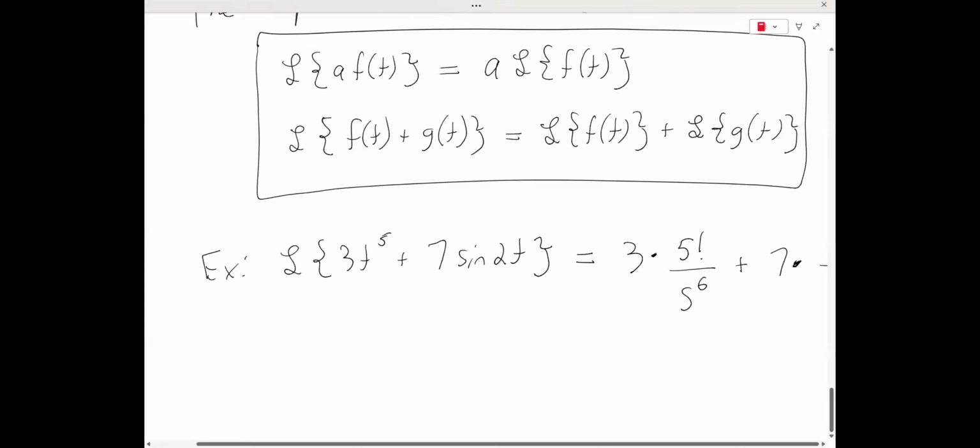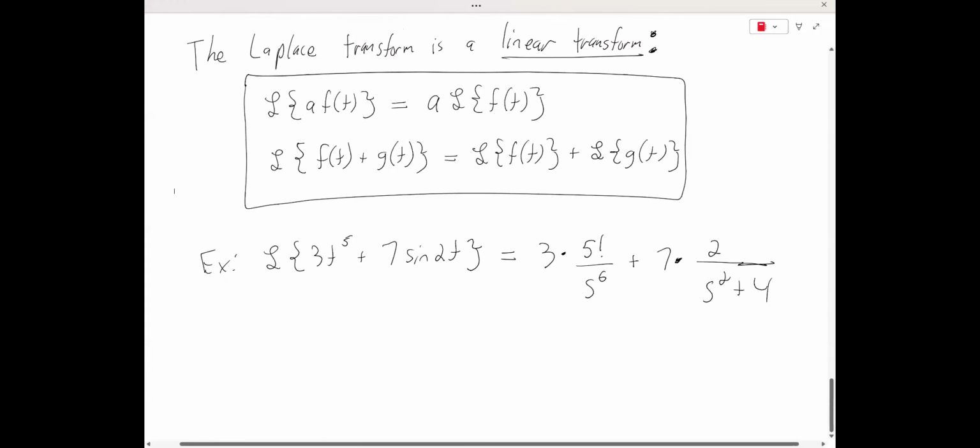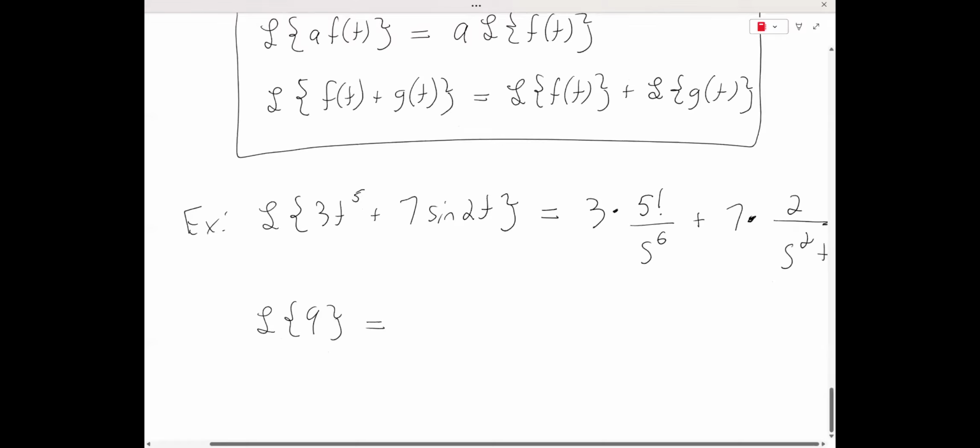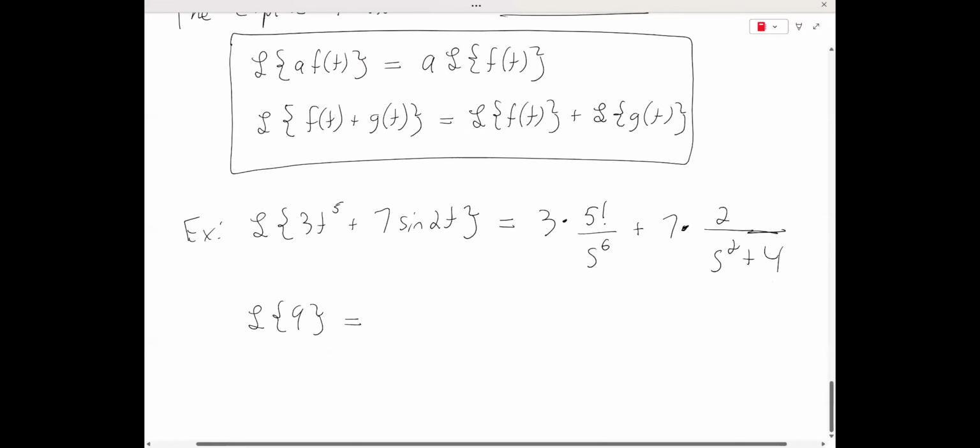Okay, another example of that, let's say the Laplace of 9, for example. According to this, basically think of it as the Laplace of 9 times 1. So the 9 can come out because it's constant.